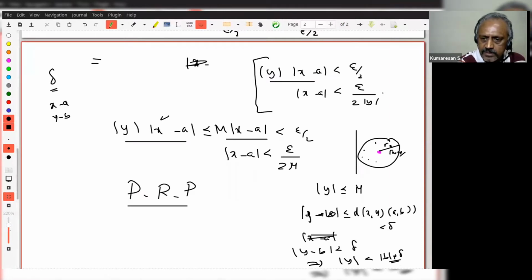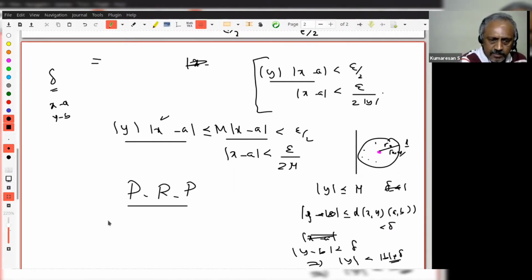You understand this? But I still have not found delta. So I can't use this delta. So what will I do? I will assume at present my delta will be at most 1. That is, I will allow my (x,y) in an open disk around this point (a,b) with radius at most 1.